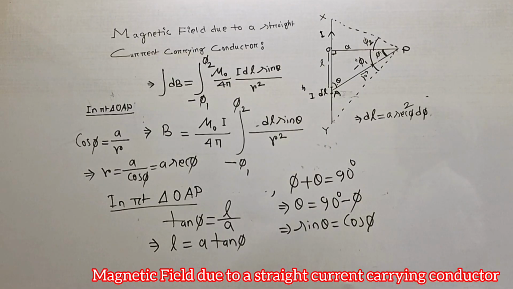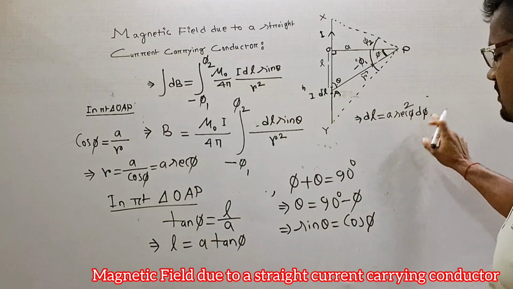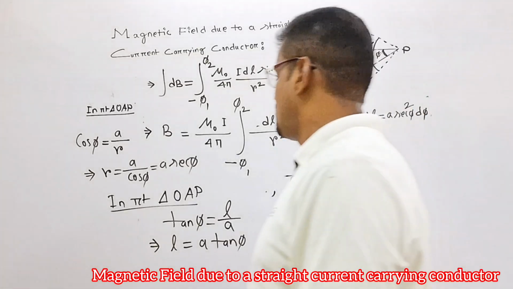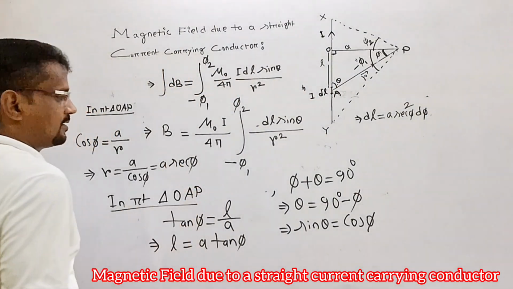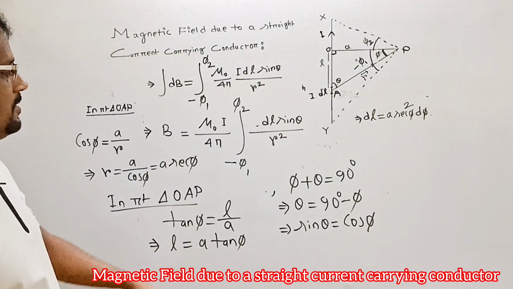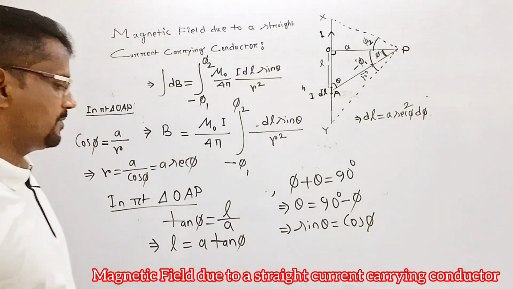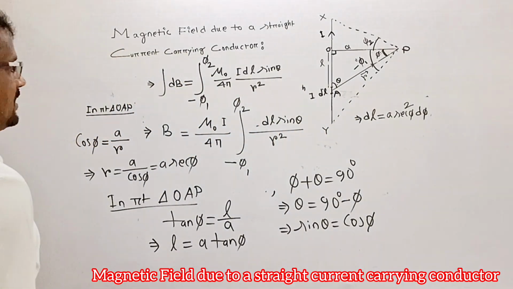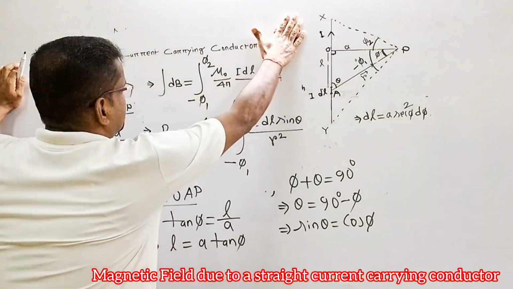So now you see we have dL in terms of phi, sin theta in terms of phi, and r in terms of phi. Then we put all these values one by one.